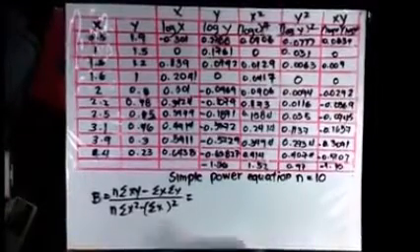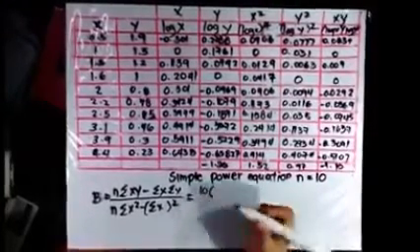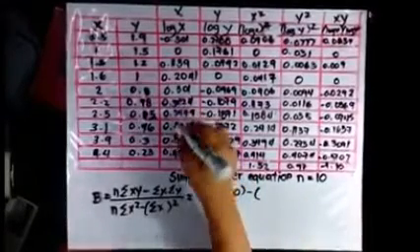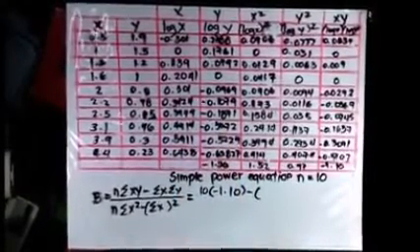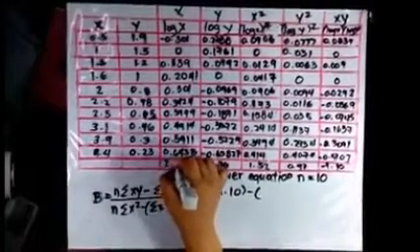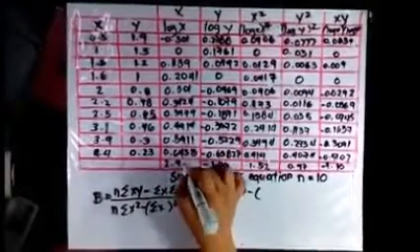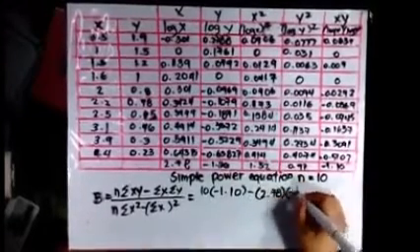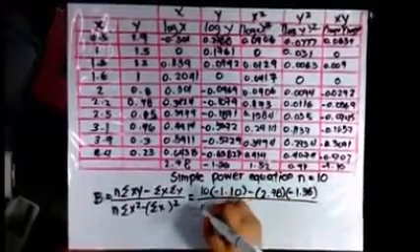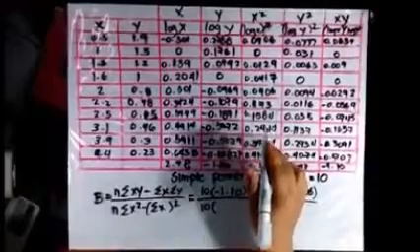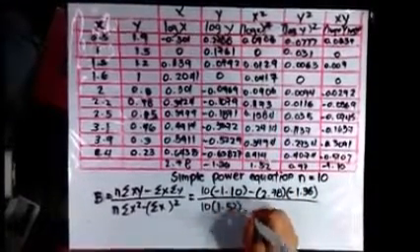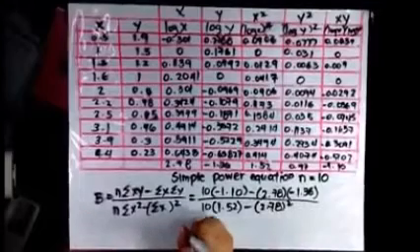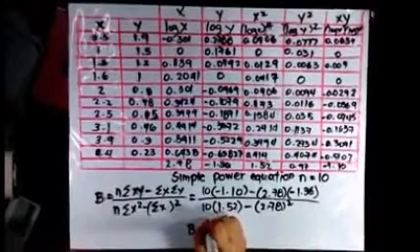Then substituting the values, since our n is equal to 10, 10 times the summation of xy, which is negative 1.10, minus summation of x, which is 2.78, times summation of y, which is negative 1.36, all over n, 10, times summation of x squared, which is 1.52, minus summation of x, 2.78, then squared.